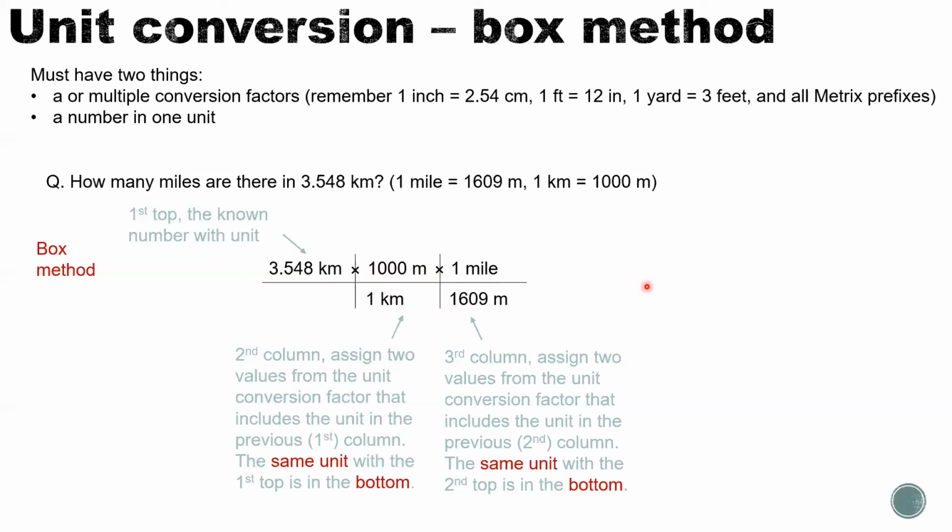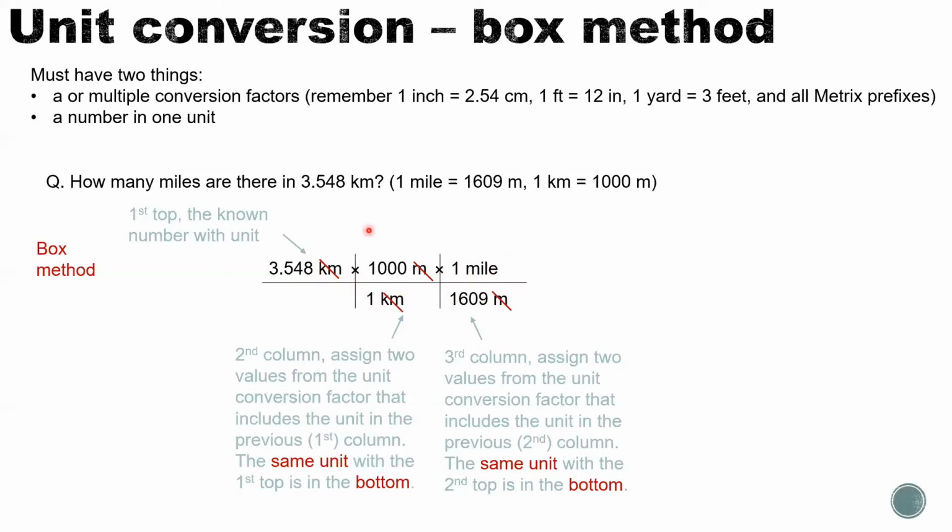So we can cancel out the units that are duplicated from top to bottom. Both kilometers cancel out and meters cancel out. That's actually why we want to put kilometers in the bottom, because we want to cancel them out. What's left over is just the unit of mile.